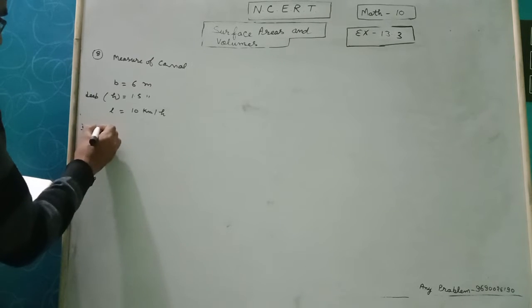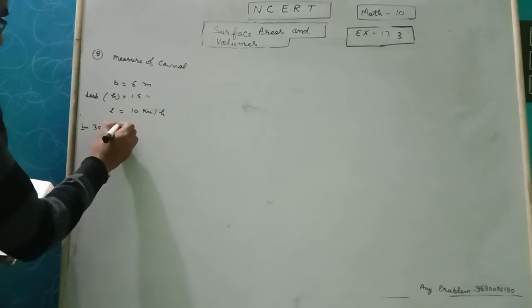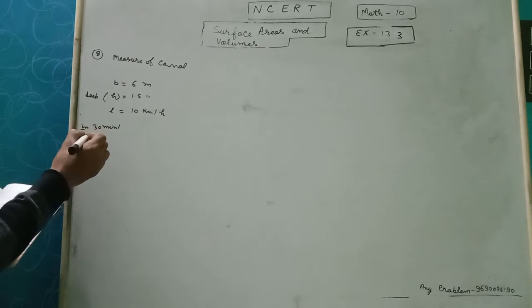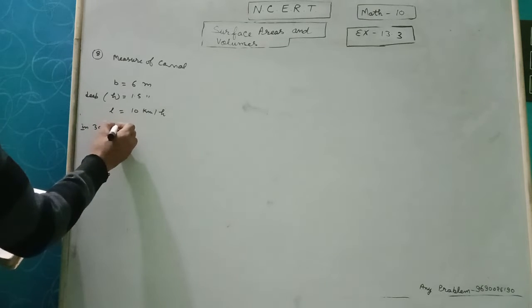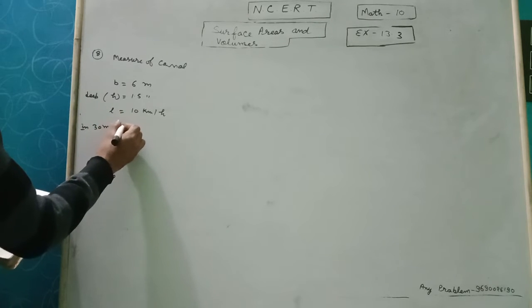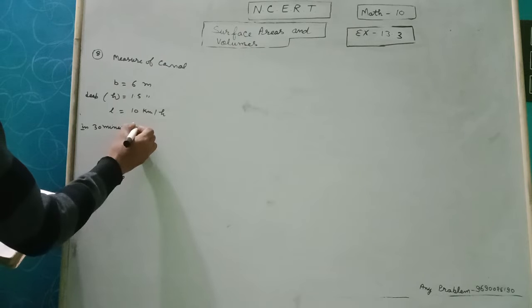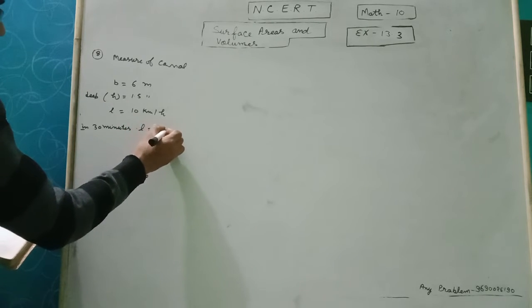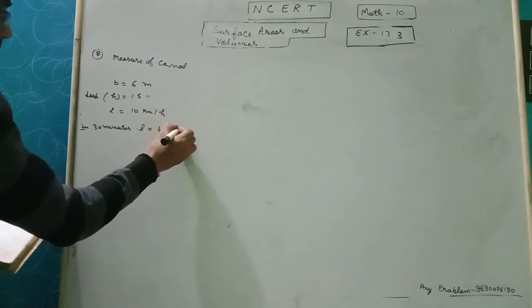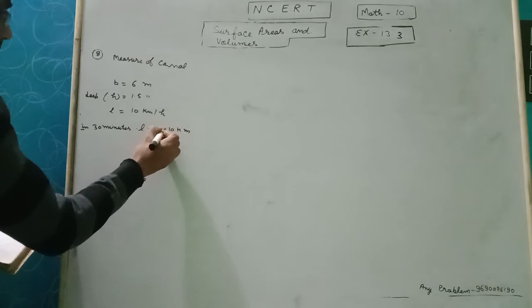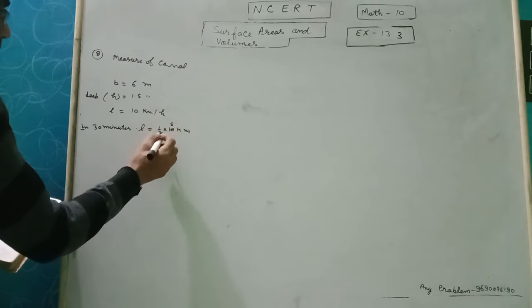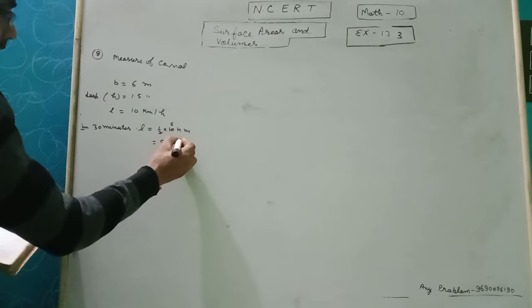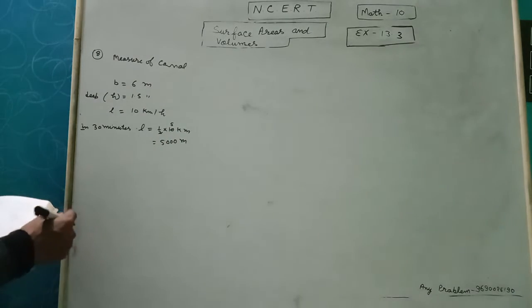In 30 minutes, l will be 1/2 into 10 km, that is 5 km, 5000 meter. Change km into meter.